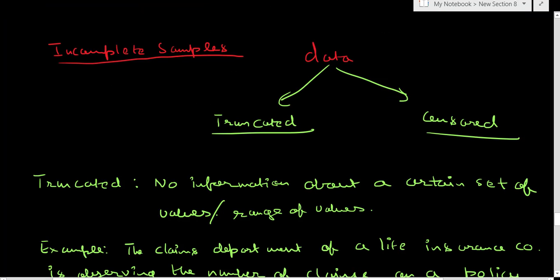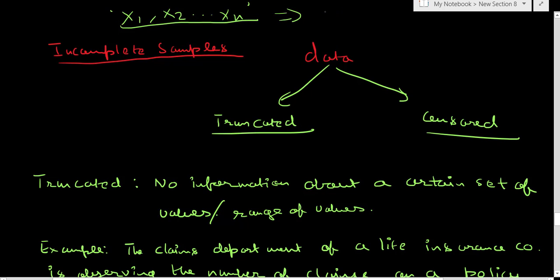So the next thing we talk about is a topic called incomplete samples. What was happening so far was that the data sets or the samples that were available to us, x1, x2 going up till xn, were a complete sample or a complete data set. So this gave us information about all the possible values that x can take, if it was large enough.